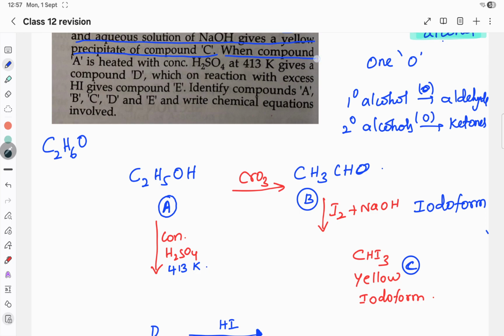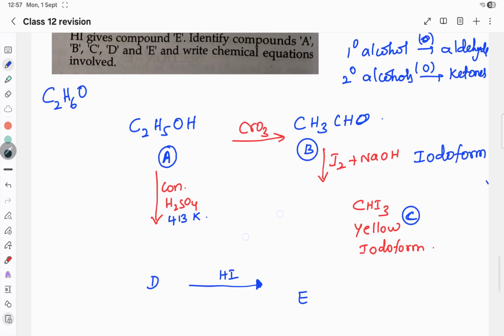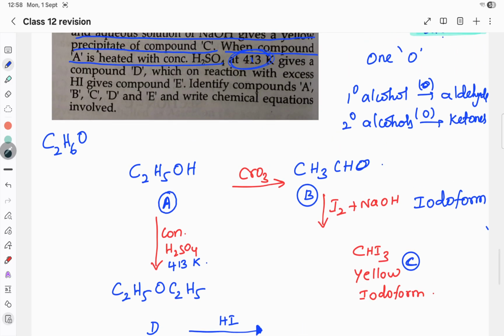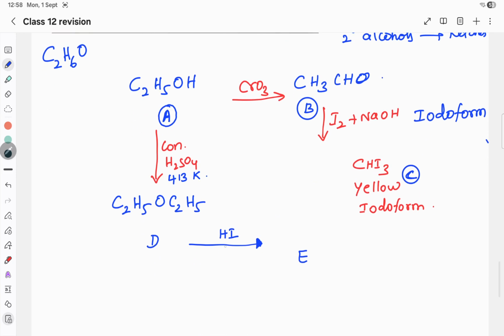Next, when compound A is heated with concentrated sulfuric acid at 413 Kelvin, this is the most important thing: if it is 443 Kelvin, it will give alkene. If it is 413 Kelvin, it is going to be an ether. And then this on further reaction with HI gives compound E. So ether with HI.